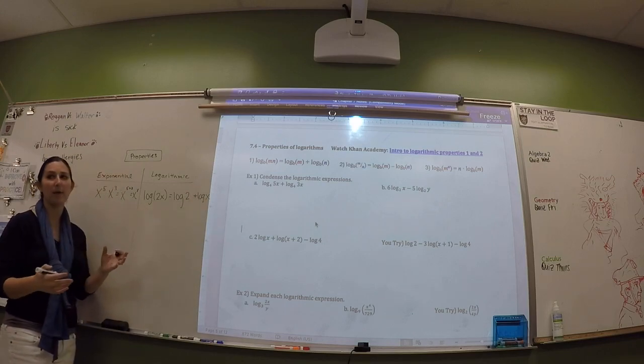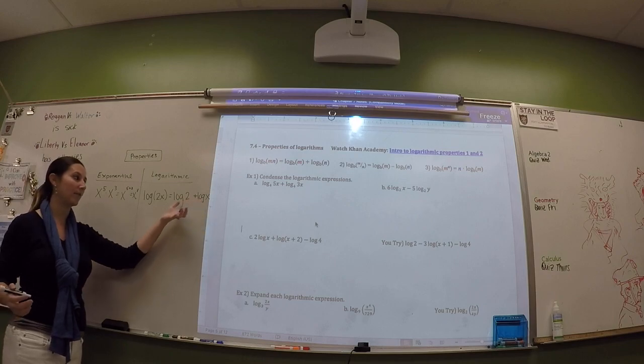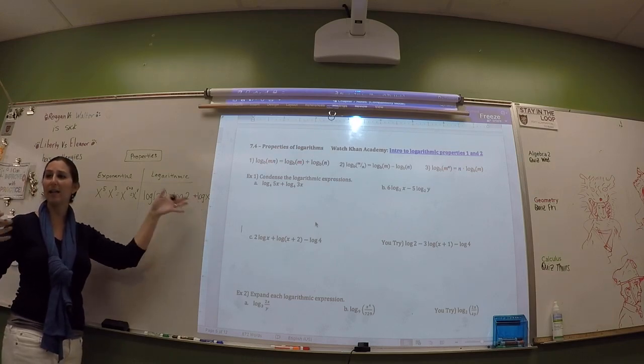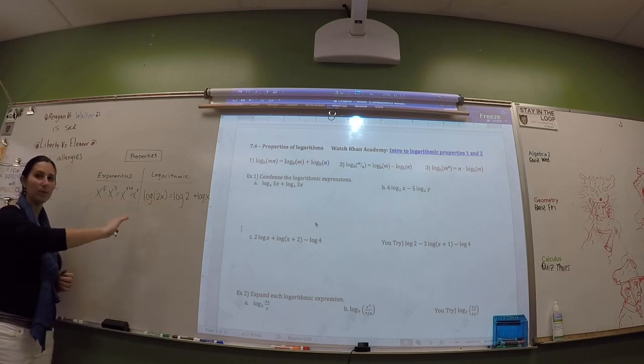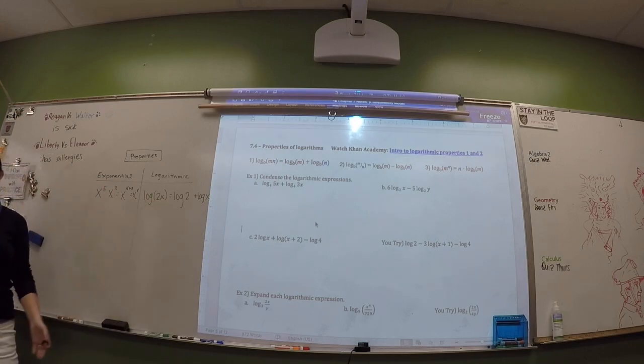I can also go the other way. If I have two logarithms with the same base being added, I can put those together as a product, which is essentially what we're doing here, just different because it's got logarithms in it. It's like you're undoing it.